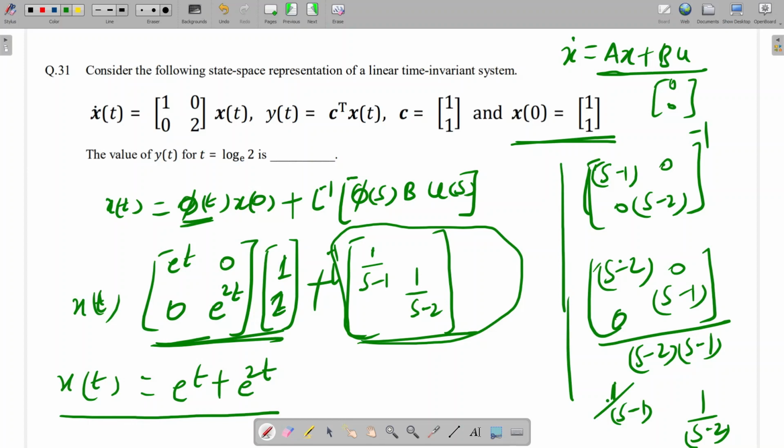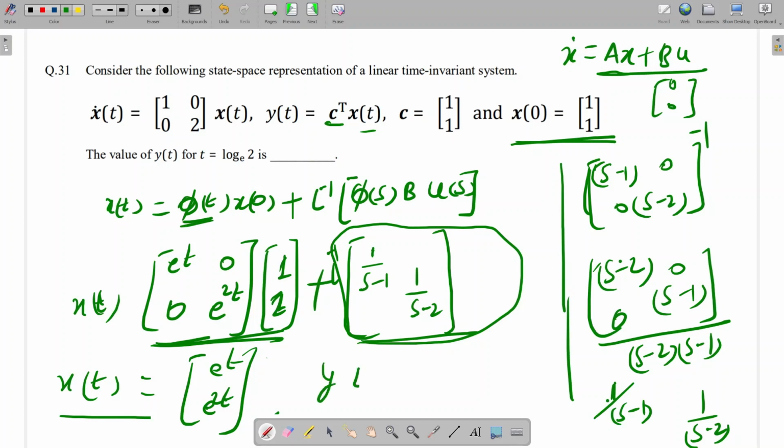No, no, I'm making a mistake here. E to the power t and e to the power 2t will be in a matrix. So x of t is e to the power t, e to the power 2t. So what is y of t? Y of t is equal to C transpose into x of t. C transpose is 1 1.